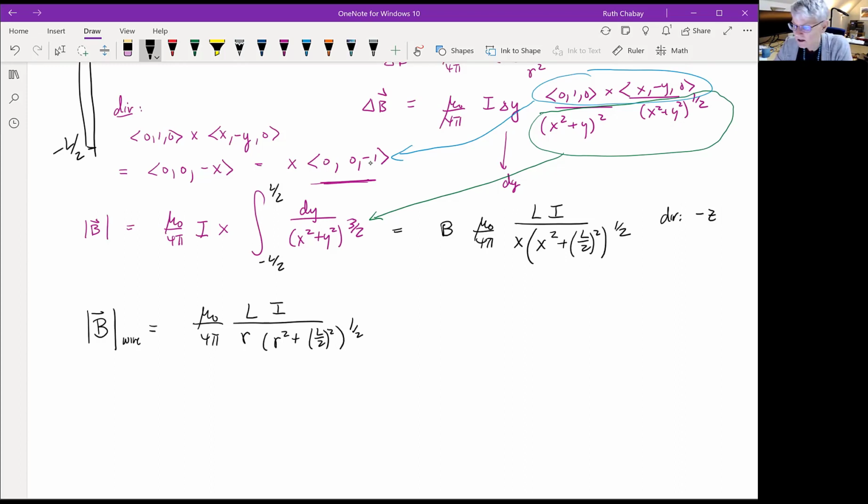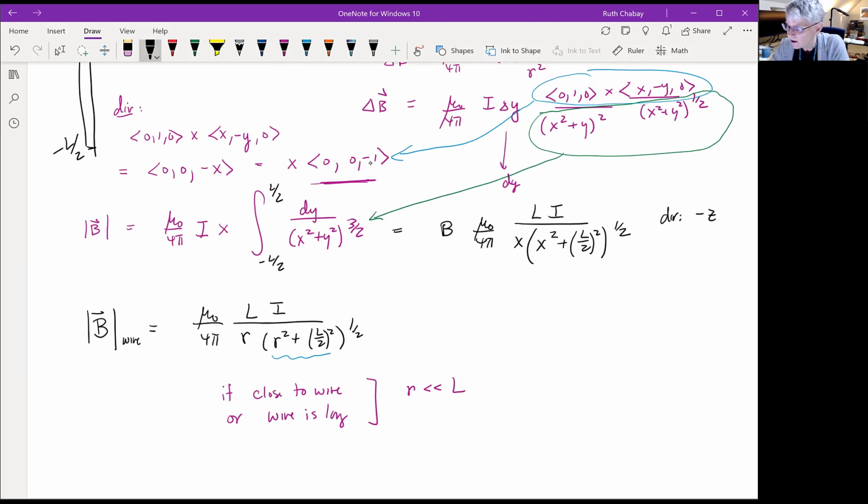So that's an exact answer. And if you're close to the wire, or the wire is long, then we have this same thing where r is much less than L. And if r is less than L, then in this sum, we can say r is negligible compared to L/2, especially because r squared is going to be even much less than (L/2) squared.